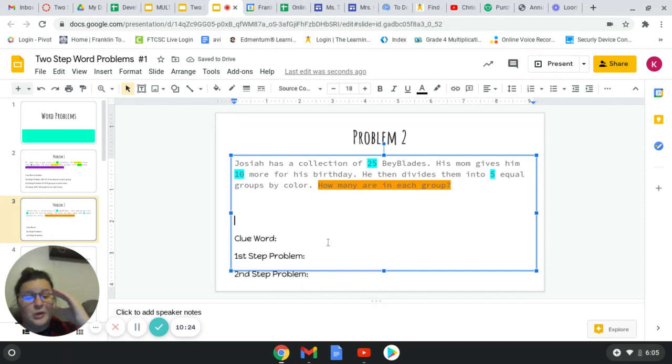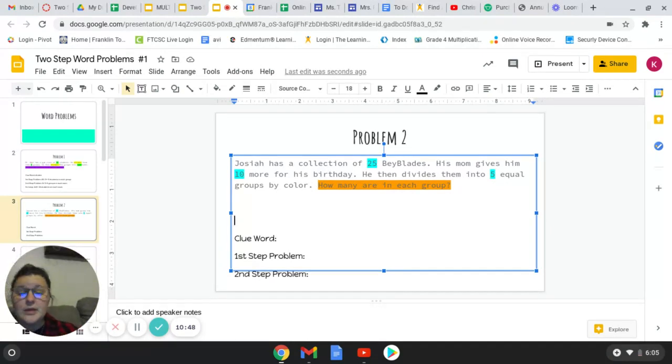Then I'm going to highlight my keywords. And it's okay for you to have more than one keyword, especially when we get to these multi-step problems where you're going to have 2 or 3 or even 4 steps to find the answer, to have to do 4 different operations. And that's totally okay.